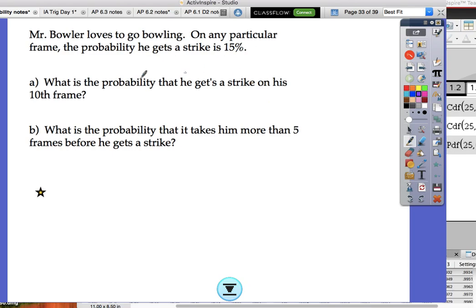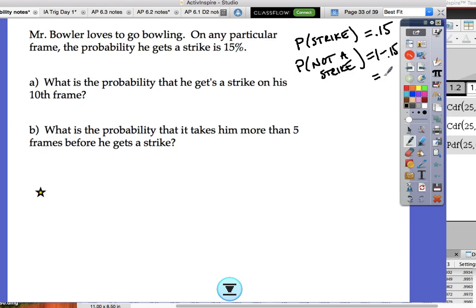Here's a similar problem. A bowler likes to go bowling. The probability of him getting a strike is 15%. So the probability of him not getting a strike would be 1 minus 0.15, which is 0.85. Keep that in mind. What's the probability that he gets a strike on his 10th frame?